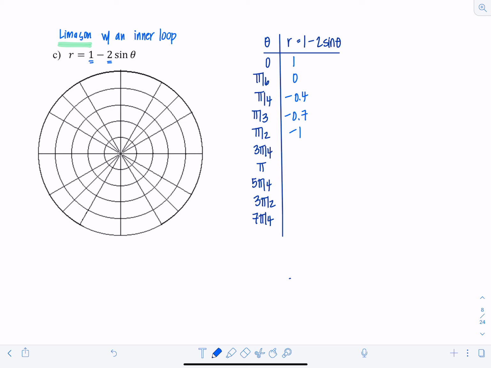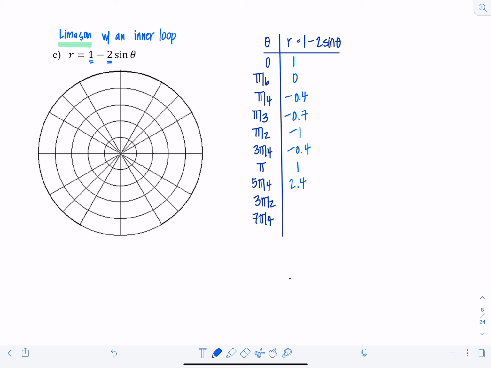And then the values are going to repeat on the other side, right? 3 pi over 4, sine has the same value, so this is going to be negative 0.4. And then at pi, sine is 0, so 1 minus 0 is 1. Now at 5 pi over 4, sine is going to be negative rad 2 over 2. If I multiply that by 2, then that's just negative rad 2, so this is going to be 1 plus rad 2, or 1 plus 1.4, so 2.4.